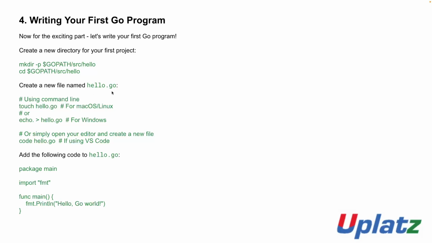Create a new file named hello.go using the command line, this for Linux or this for Windows. Or simply open your editor and create a new file, code hello.go. package main, import fmt, func main, fmt.Println, Hello, Go Vault.